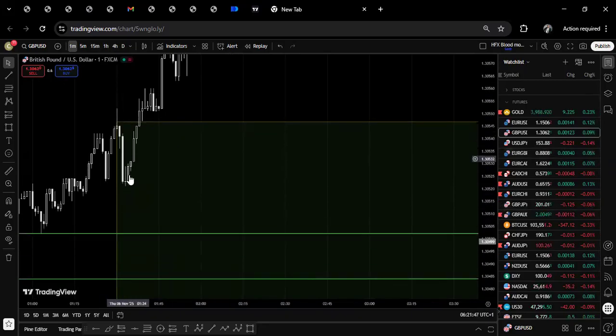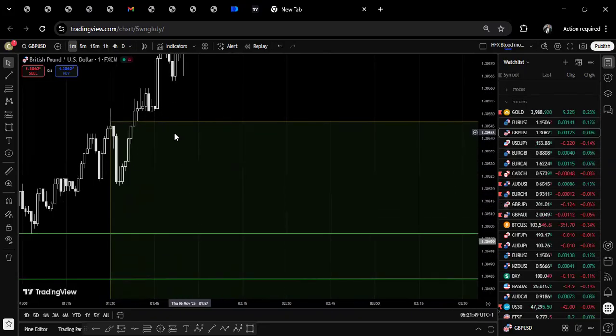If you start to work with this first set we have here, we have fair value gap one. We have so many. So let me just draw them out for us so you see. I have zone one. This is the first one.